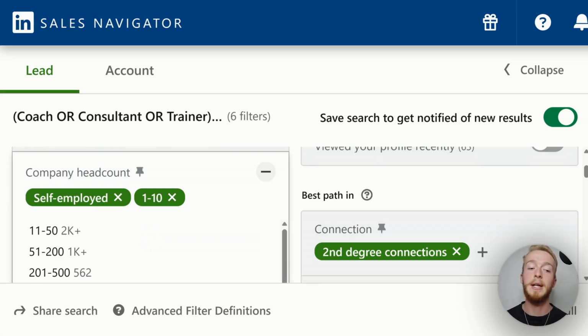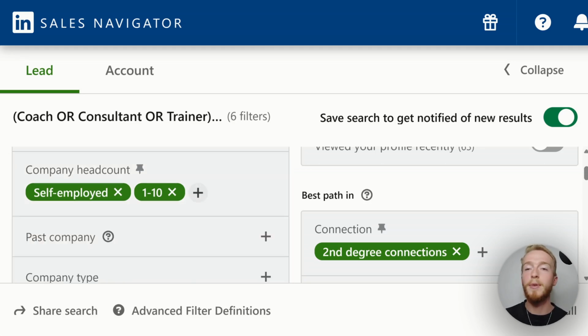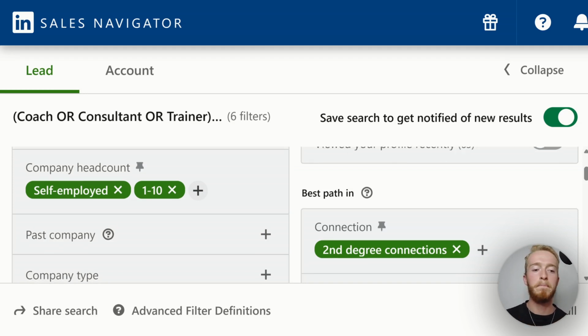These are typically people I believe that I can help. There's obviously 11 to 50, and it even goes up from 501 to 1,000. So it very much depends on the type of offer that you have, whether you work with more big corporate businesses or whether it's more like smaller businesses or individuals.